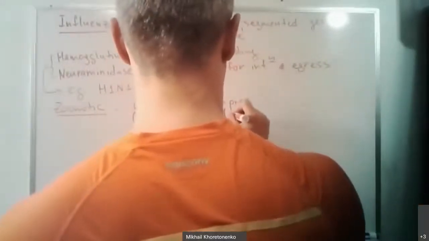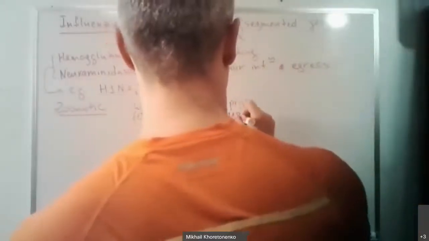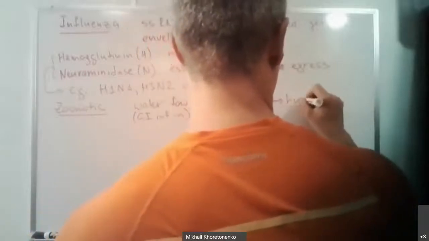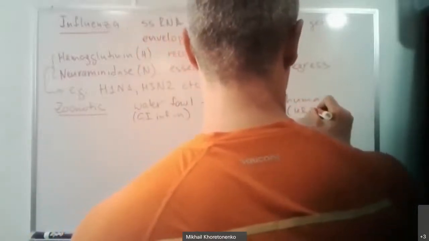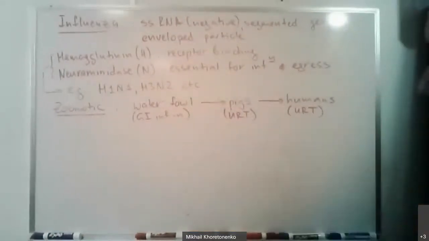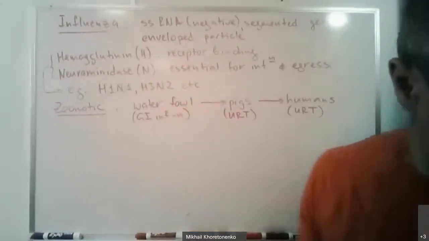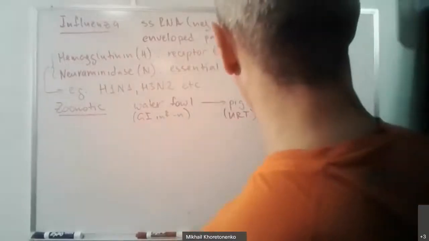From waterfowl, it gets into pigs. And in pigs, it's an upper respiratory tract infection. And from pigs, it gets into humans, also as an upper respiratory tract infection. Usually, that step, from pigs to humans, results in the pandemic.